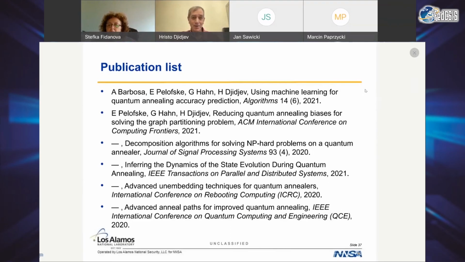Okay, so let me draw a distinction. The slide with that musical score is for universal quantum computing, or gate model computing. Those are harder to program. Universal here means that anything you can do on a classical computer, you can program and do on those computers, at least theoretically.